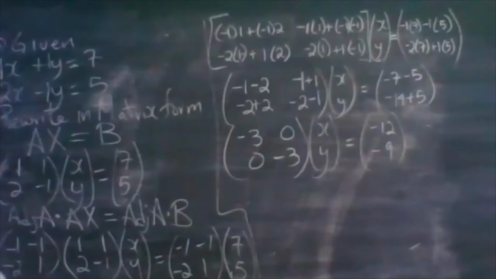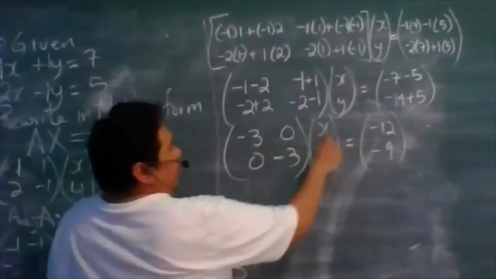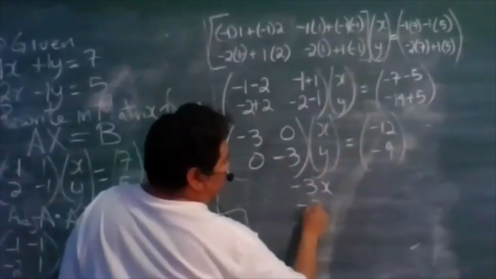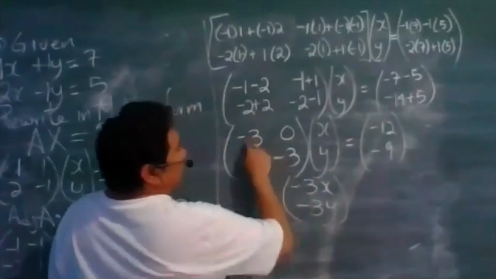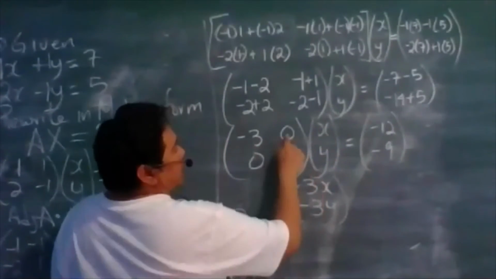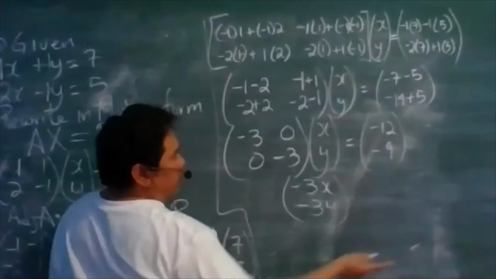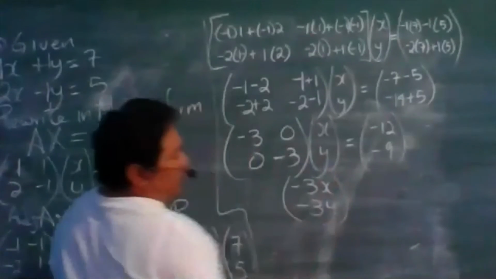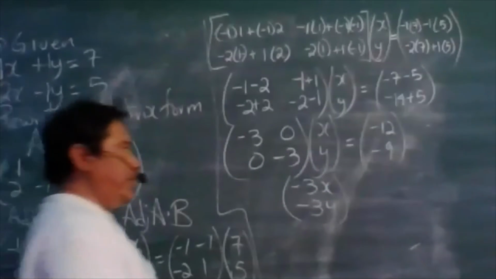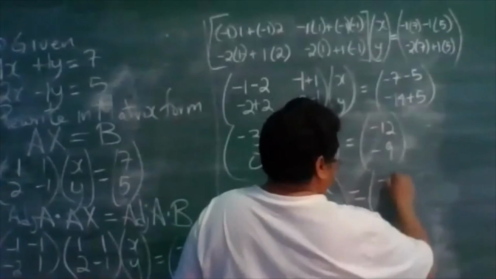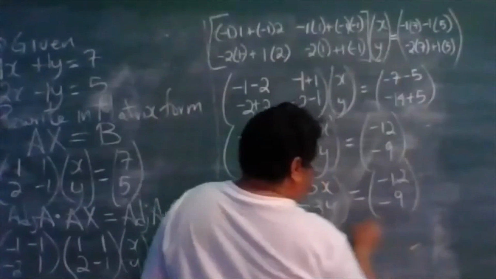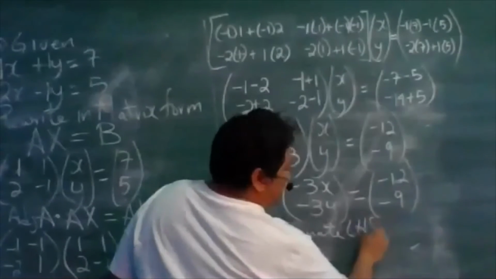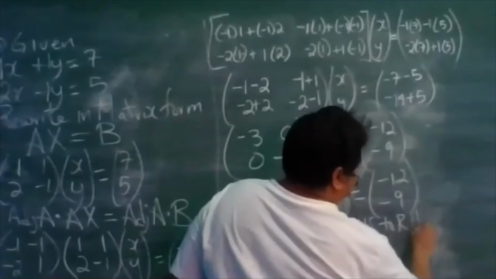Okay? Now we're going to multiply. Negative 3 times x, that's negative 3x. Negative 3 times y, that's negative 3y, because 0 times y is 0, so I don't need to write it. 0 times x, 0, negative 3 times y, negative 3y. And that is equal to negative 12, negative 9. Then I will equate the left-hand side to my right-hand side.